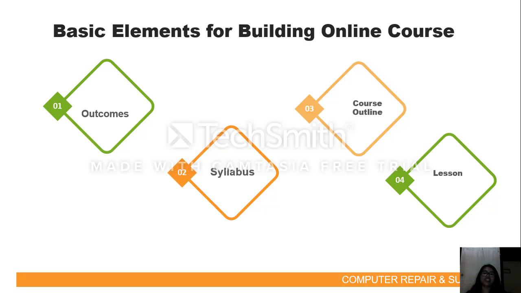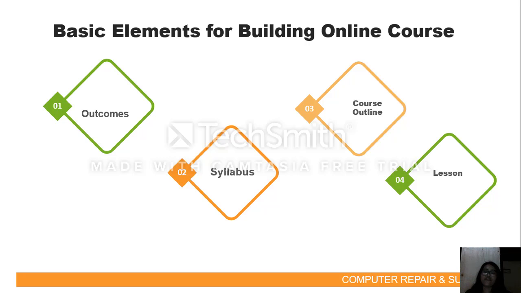In the lesson and sections, the topics for a meeting are chunked into several activities. For example, the teacher divides the topics into 6 topics for 6 meetings, and then in every meeting the topics are chunked again into several sections or activities for the students.